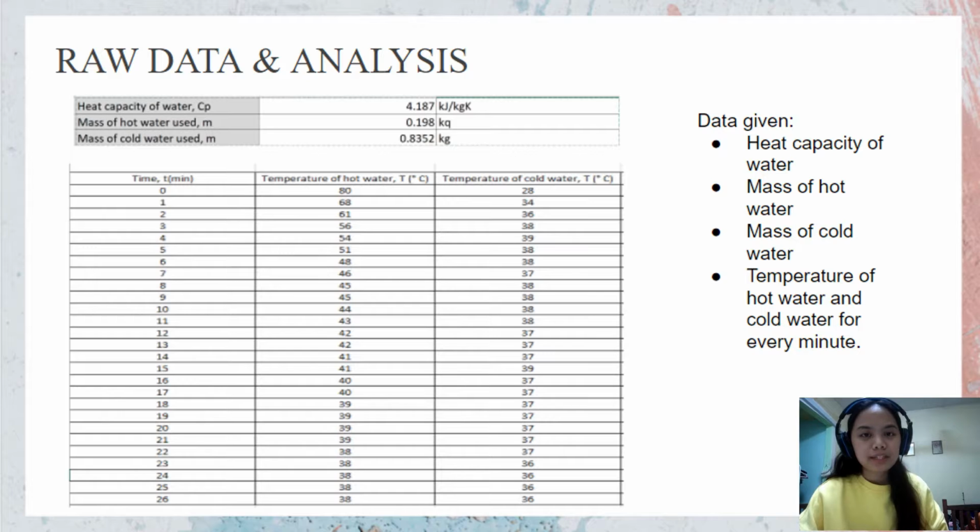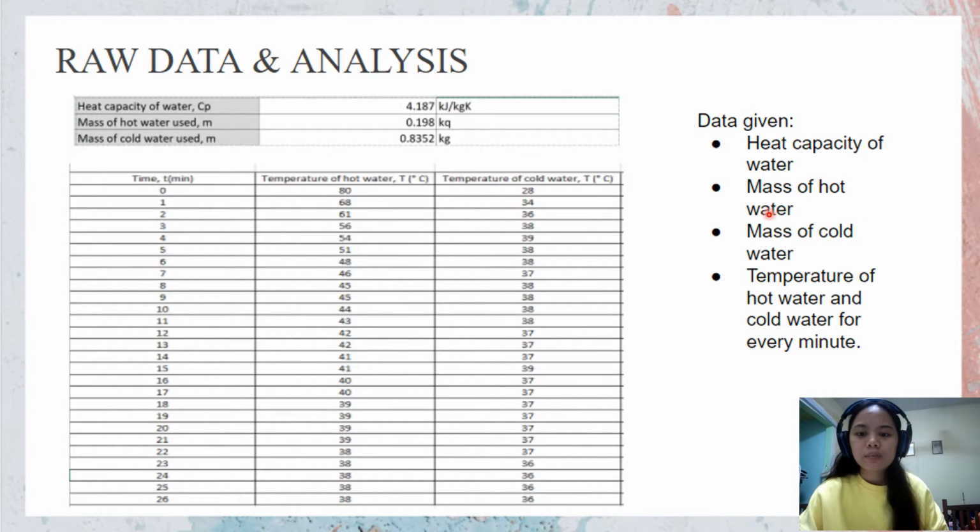Good day, I am Jasmine and I'm going to present the raw data and analysis, also the result and the calculation of this experiment. Firstly, in the raw data and analysis, we are given the heat capacity of water, which is 4.187 kilojoule per kilogram per Kelvin.